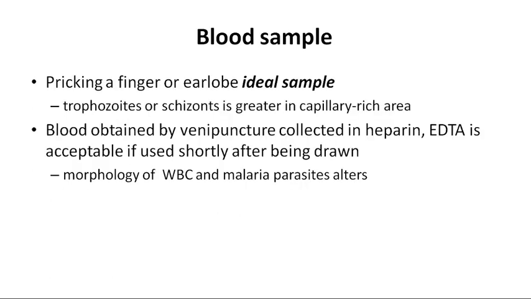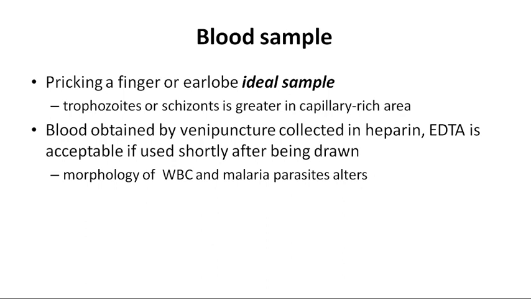So let's see what the blood sample should be. Ideally, a blood sample obtained either by pricking a finger or earlobe is a better sample because it has trophozoites and schizonts in a greater concentration, because that area is peripheral, which is a capillary-rich area.